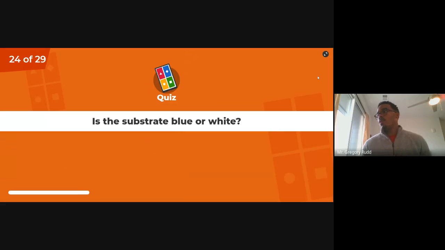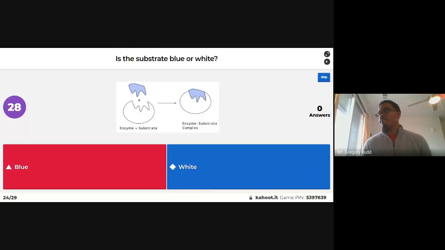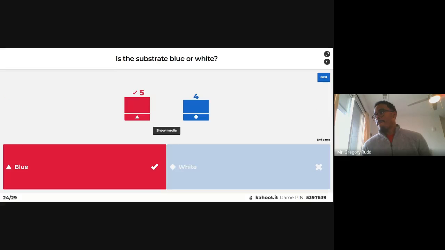6 more. Is the substrate blue or white here? The substrate. Okay, that was a tough one.